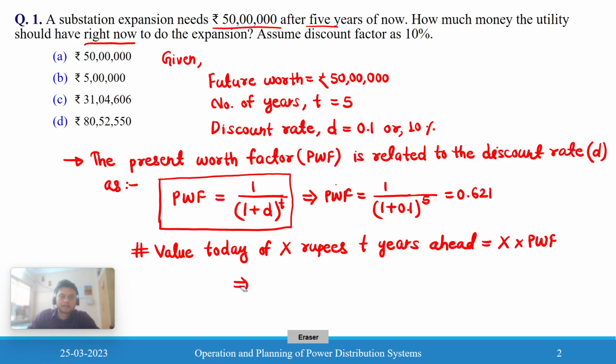So directly you can write, X is given as rupee 50 lakh and present worth factor is 0.621. So you will get the value as 31 lakh 4606.